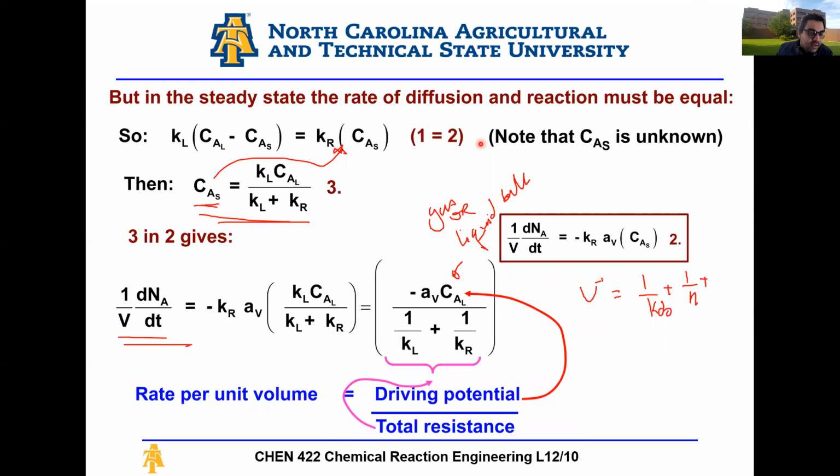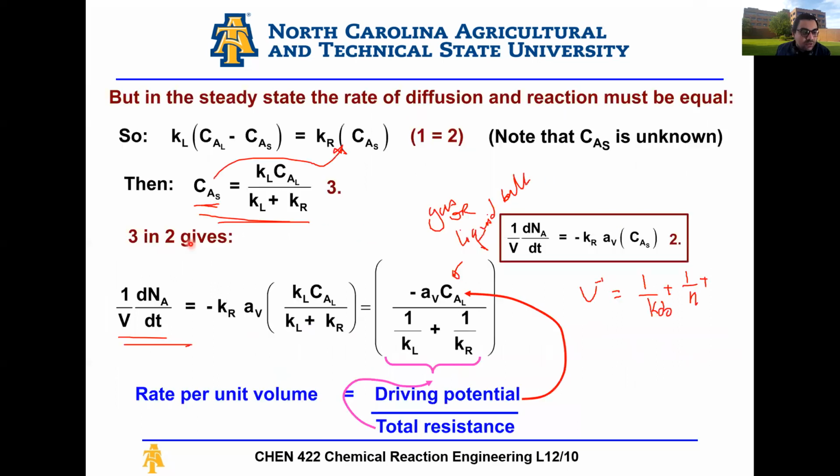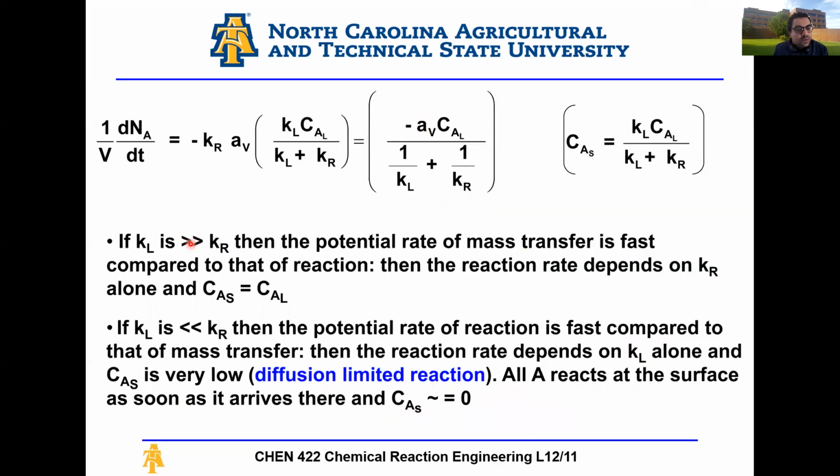And again, we said CAL is the concentration in the bulk, right? Not CAS. We equated the CASs and we kicked them out of the equation. So now I only have the CAL, the concentration of liquid at the bulk, divided by my two resistances: 1 over KL, my mass transfer coefficient, represents my mass transfer resistance, plus 1 over KR, 1 over my reaction rate coefficient, represents my reaction resistance.